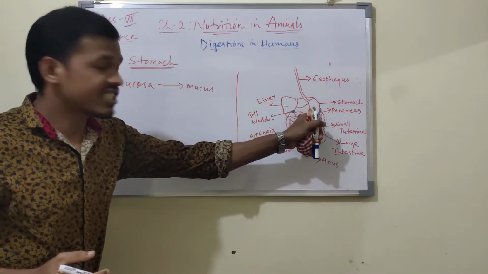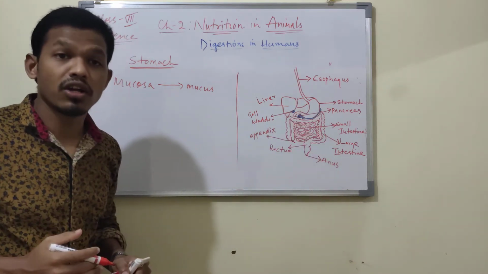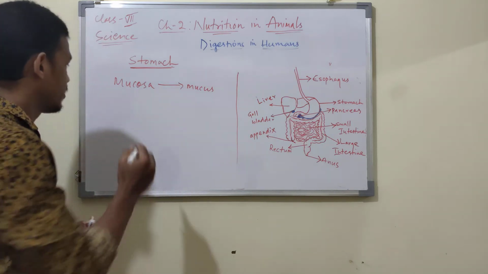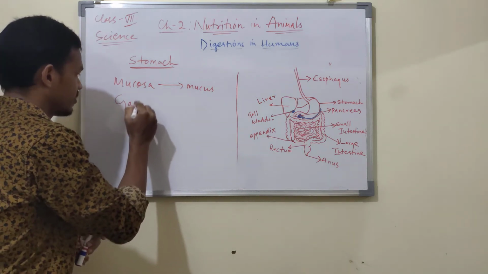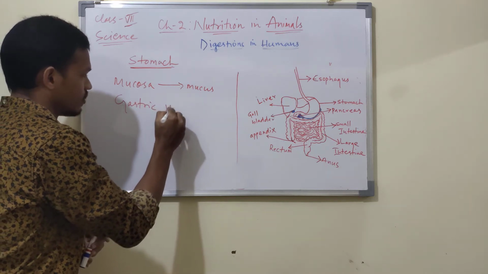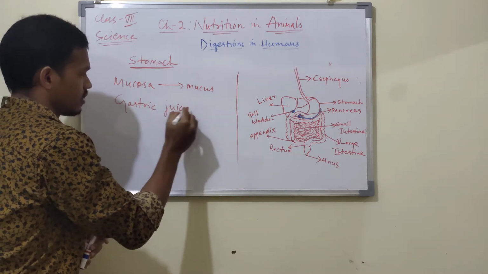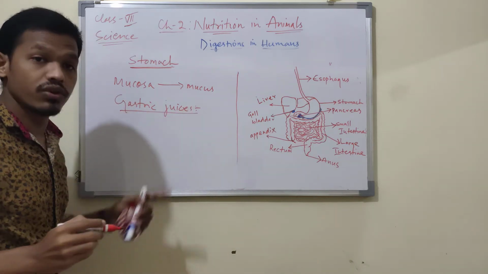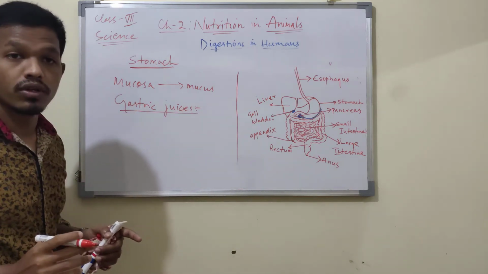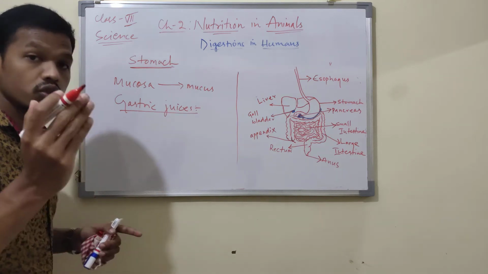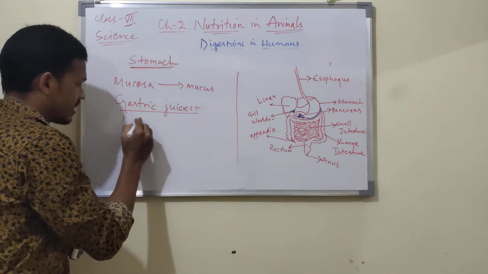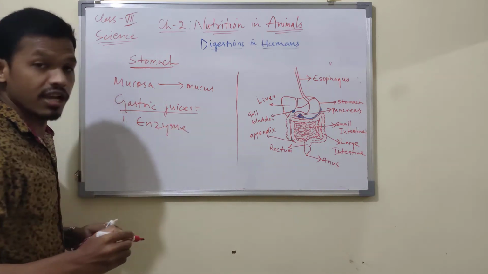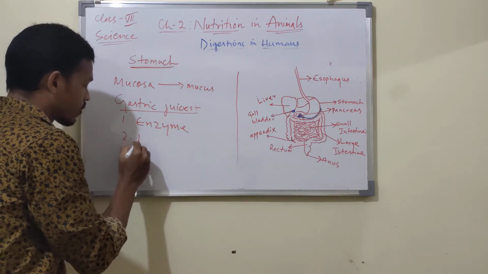Also, there are certain glands in the inner wall of the stomach which will secrete gastric juice. This gastric juice contains two things: one is an enzyme, and another one is hydrochloric acid.